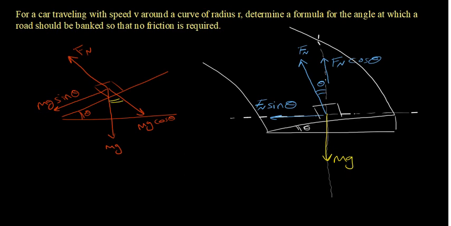And this force here is the one that will be acting as the central force, because this curve or this road is part of a circular track, so there will be a centripetal force acting on this car, and the direction will be to the center of the circle. That's the direction.